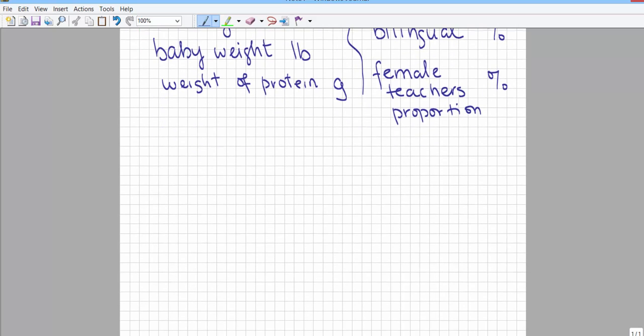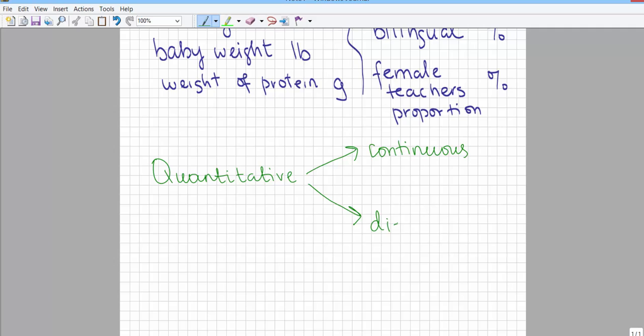All right, now once you know what you're dealing with, what else can we do here? So let's say you're dealing with quantitative data. This can be split up further. Okay, this can be split up into continuous data and discrete.